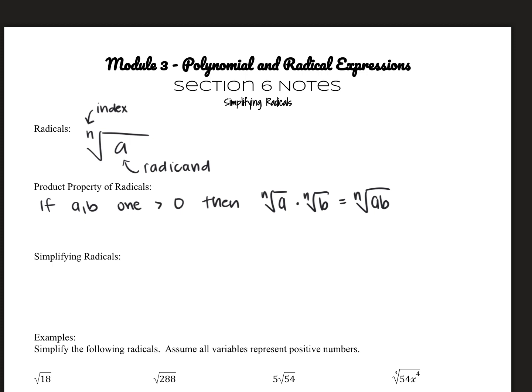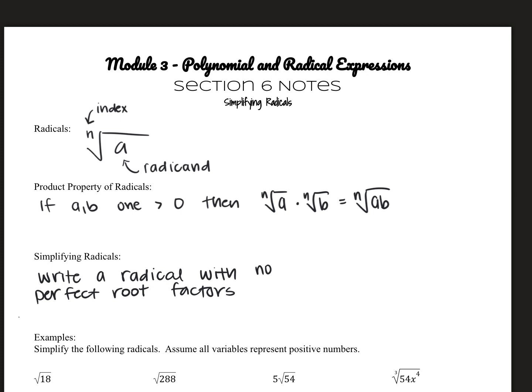And then simplifying a radical is when we write a radical with no perfect root factors.